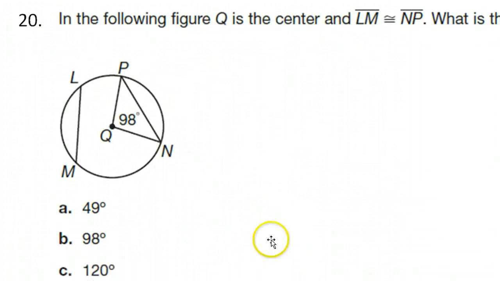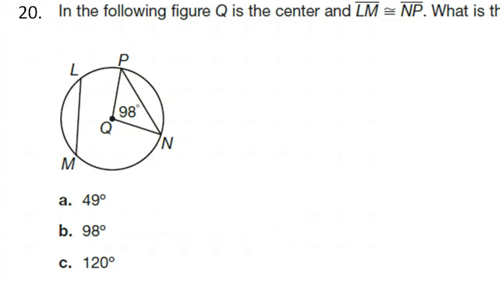Alright, number 20 should prove to be very easy for you, my friends. They are telling us that segment LM and segment NP are congruent. So that means that these chords are congruent. We have learned that if the chords are congruent in the same circle, then the arcs that go with them are also congruent. So, what's arc PN?